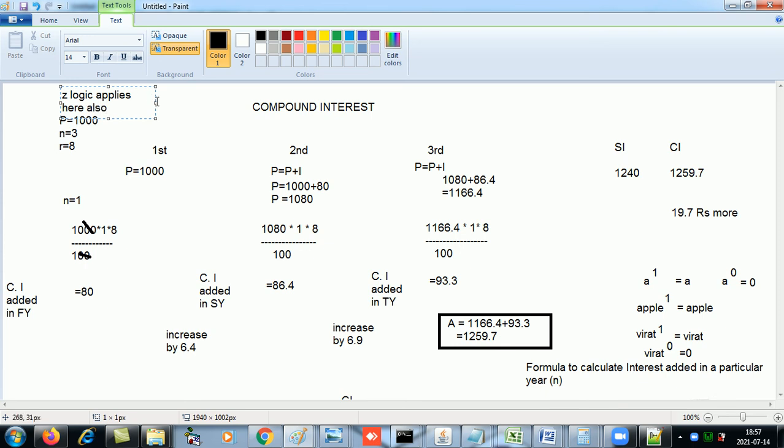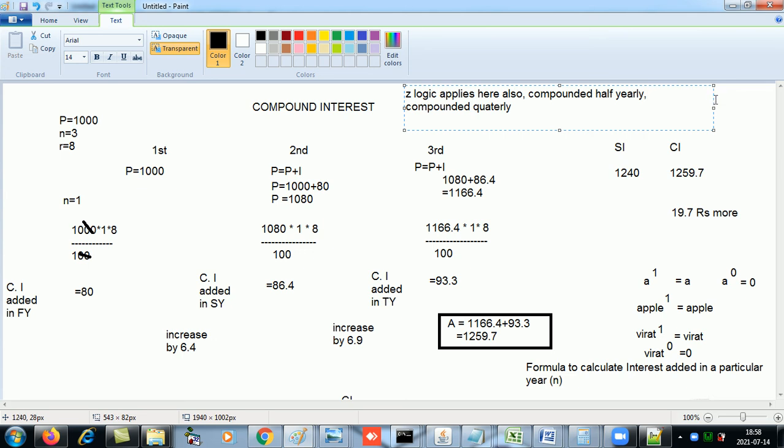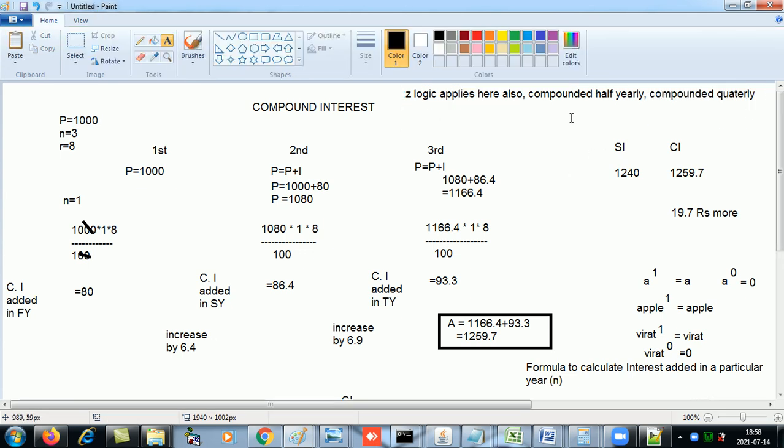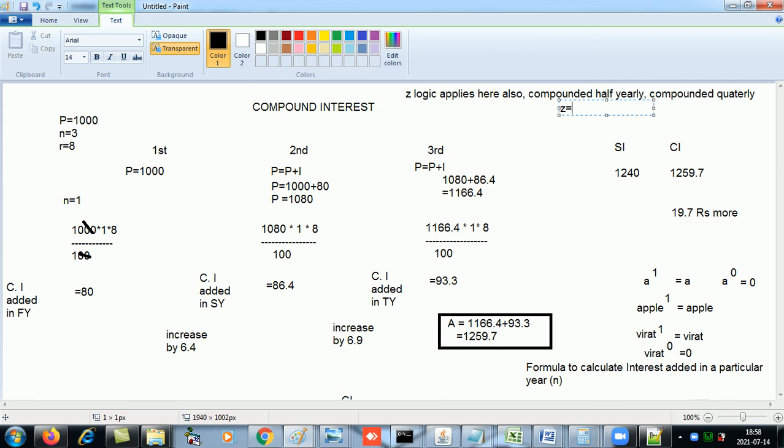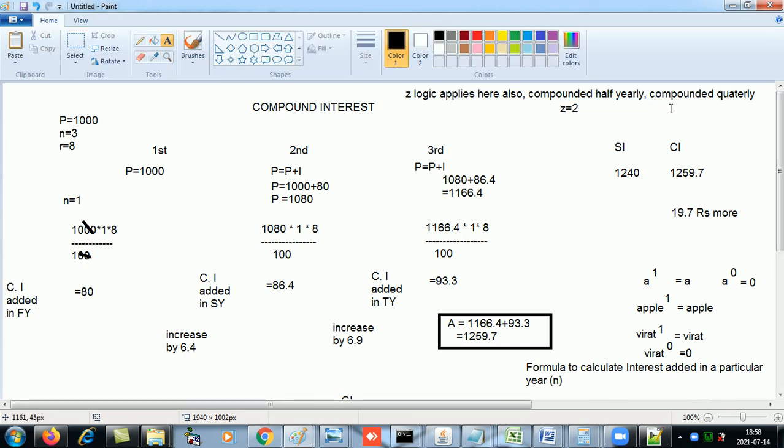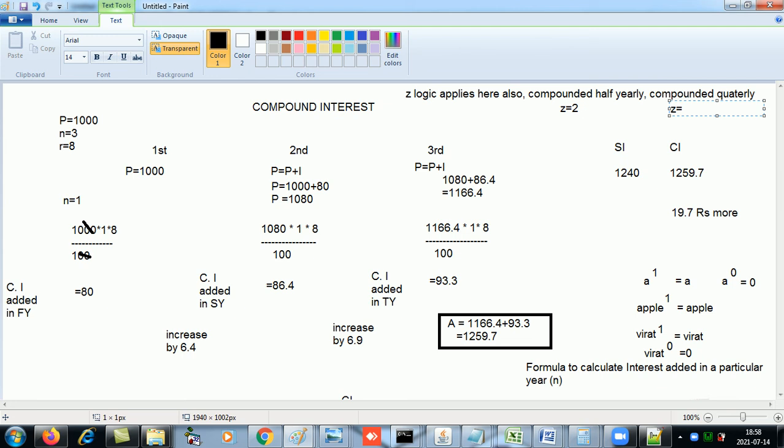So if they ask compounded half yearly, compounded quarterly, then you know what to do. In half yearly, the value of Z will be 2, right? Because how many half years are there in a year? 2. And for quarterly, the value of Z will be 4.